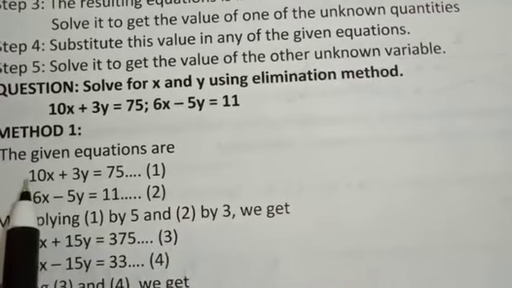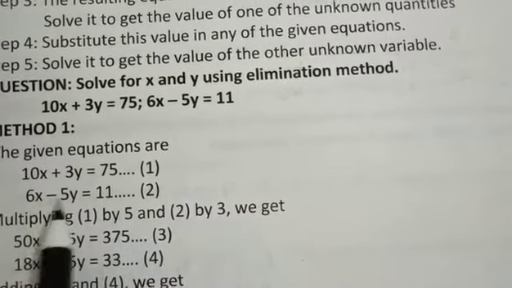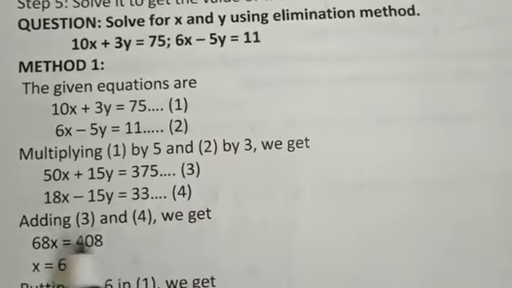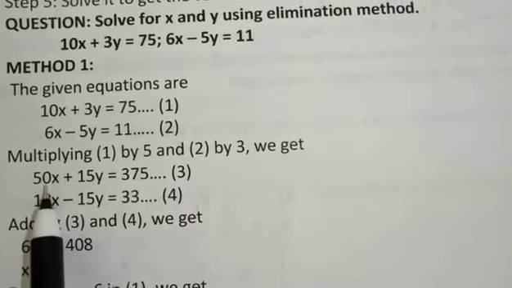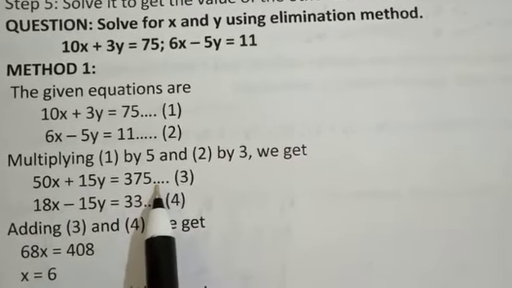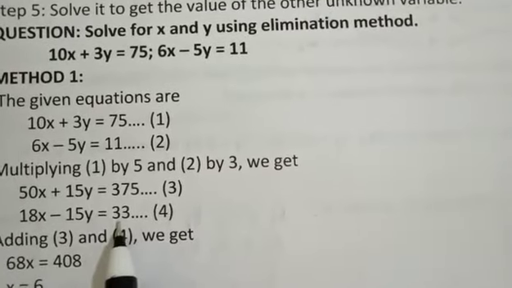So if we multiply the whole equation 1 by 5 and equation 2 by 3, we are going to get the new equations as 50x plus 15y is equal to 375 and 18x minus 15y is equal to 33.